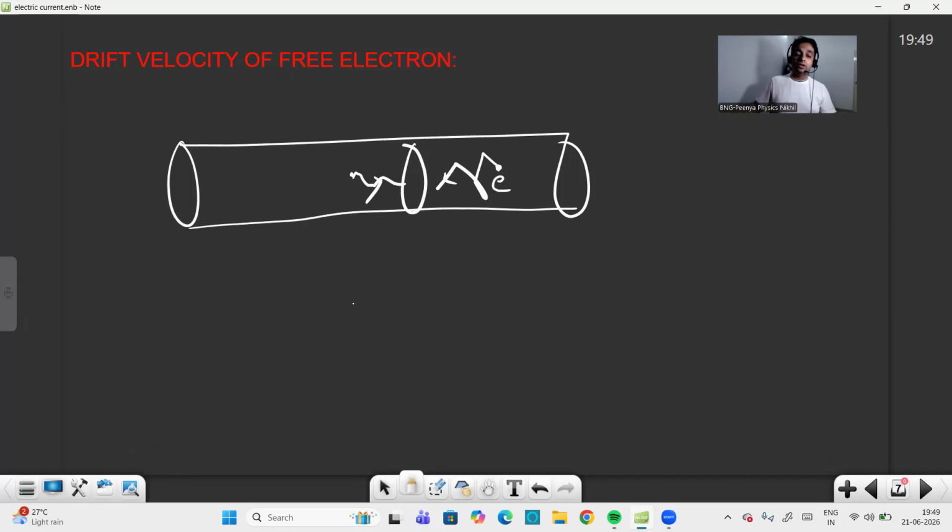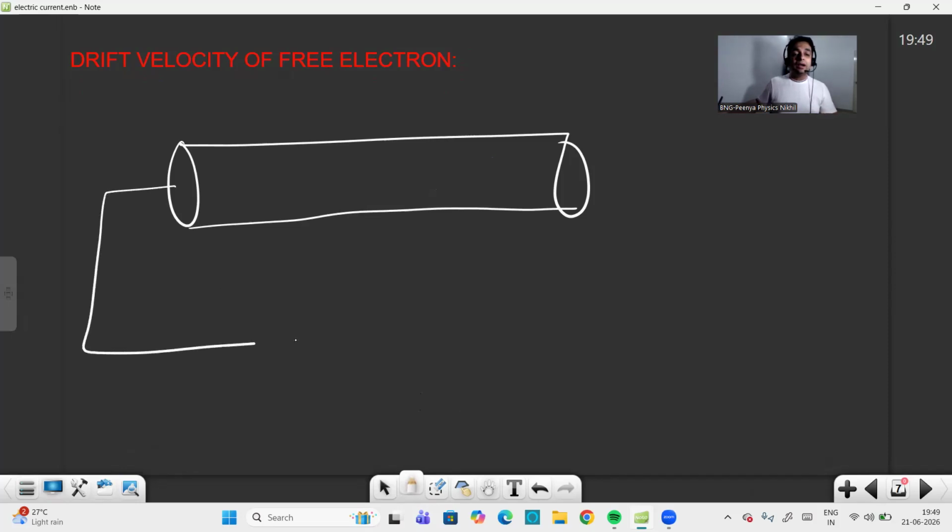So that's why the net current is zero. What should we do for the flow of current? हमें क्या करना चाहिए? So you see here, we want current. We want all the electrons to move in one direction only, and that is possible only when all electrons experience the force in one direction, and that is possible when we connect an external potential source.